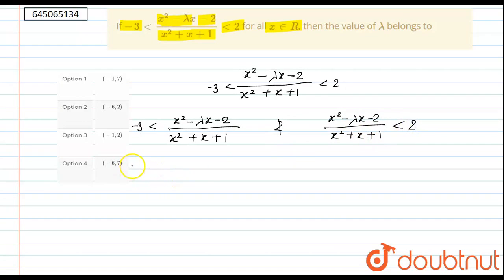So further we can simplify this inequality, that is minus 3x square minus 3x minus 3 is less than x square minus lambda x minus 2.